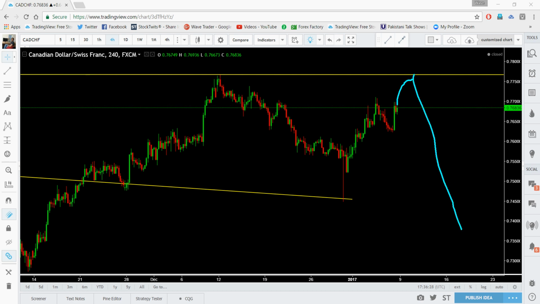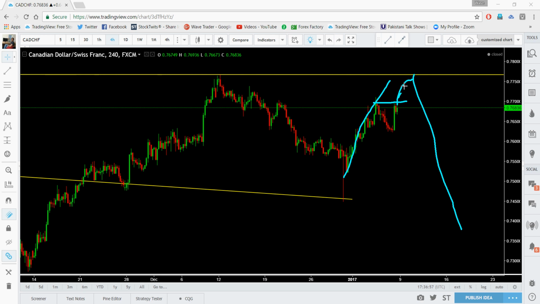When you are looking to buy or sell based on your indication, try to buy or sell as far as you can from the previous structure. For example, this is showing some upside move, so don't try to sell from this point.